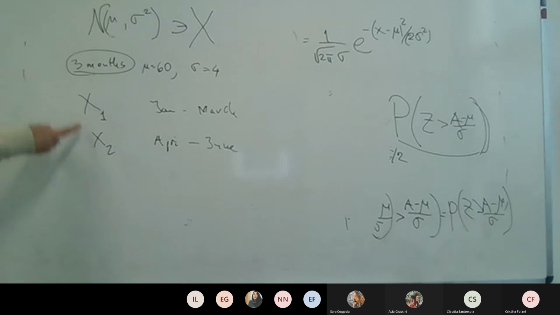And we suppose that these are 2 random variables having the same normal distribution.